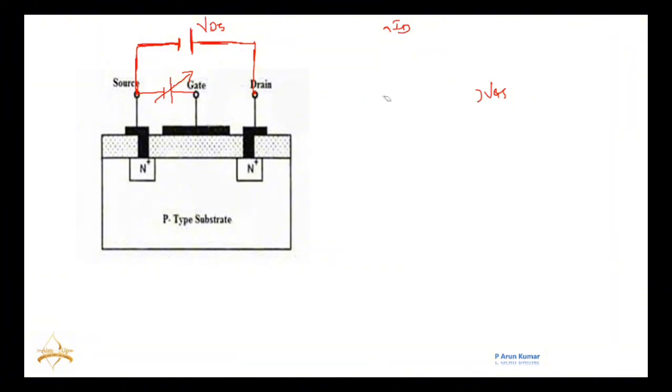As VGS increases, slowly the channel will be formed. It means the current will slowly increase. At some point the channel is completely formed, and if I slowly increase the VGS, the channel width goes on increasing, and the current also slowly increases like this. This is a graph of VGS and ID, and it is called transfer characteristics.